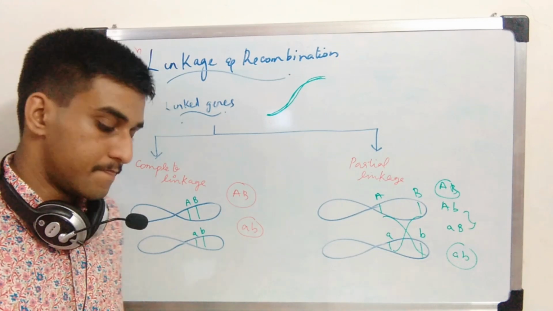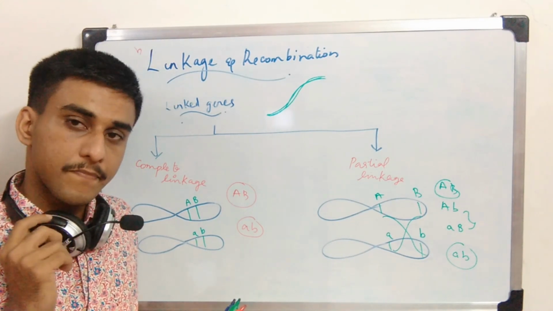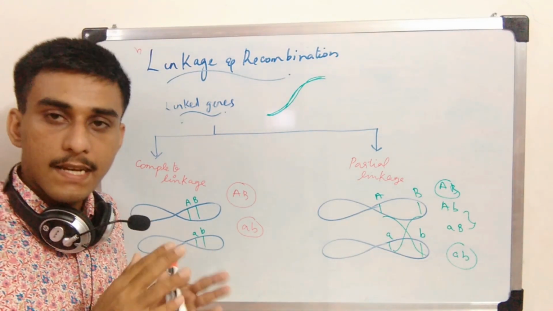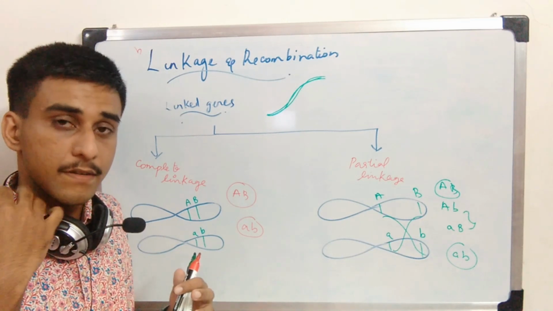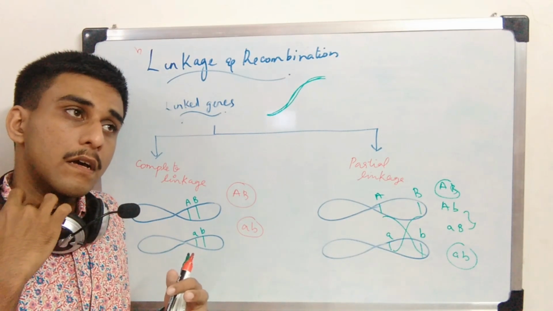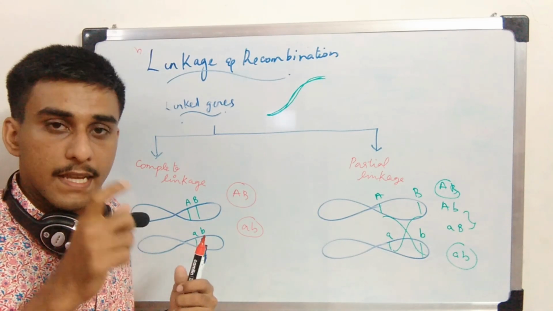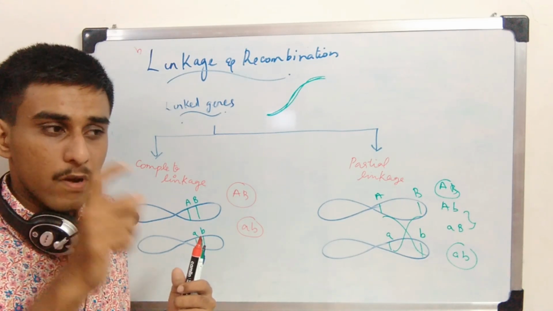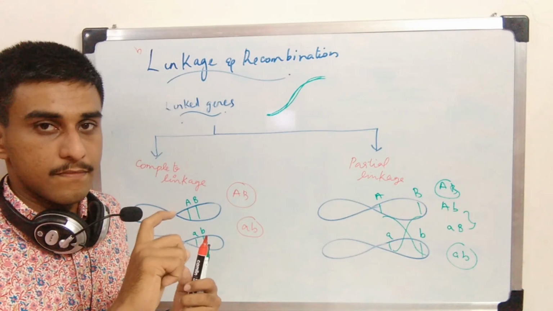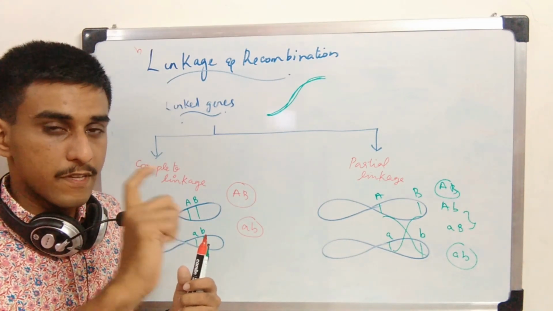Now, what about recombination? Recombination and linkage are linked together. So what is recombination? Recombination between linked genes is used to locate the gene order. There is a particular order of the genes in a chromosome.